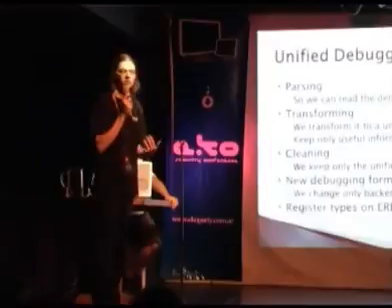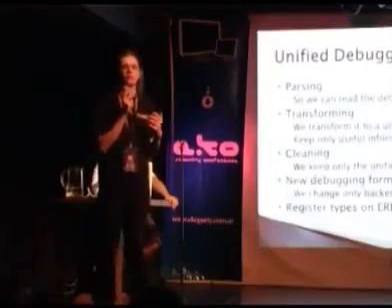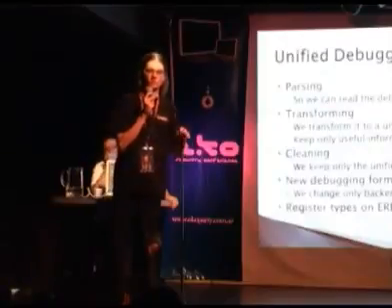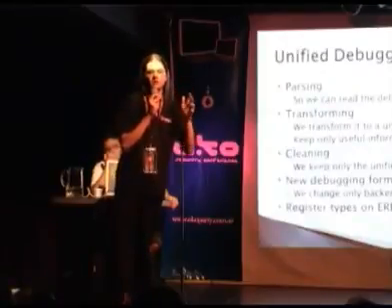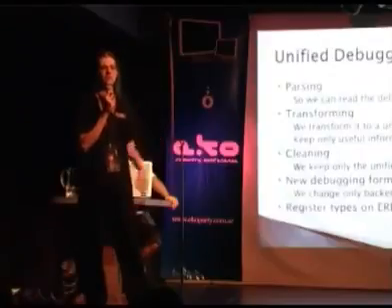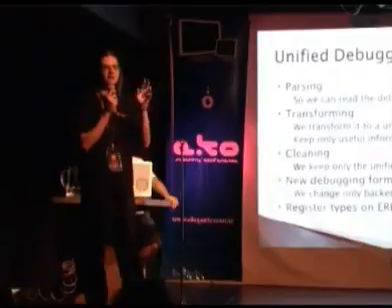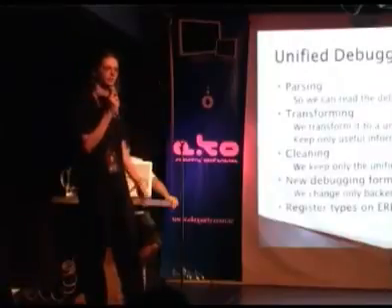Every time we want to add support for a new debugging format, we just have to change the backend part: how we parse it and how we transform it to our debugging format. The rest of the debugger doesn't have to worry about a new debugging format.